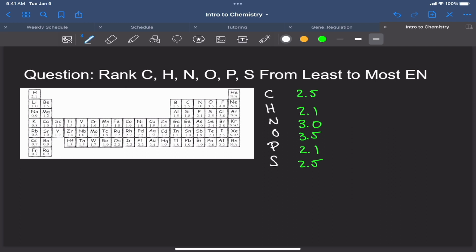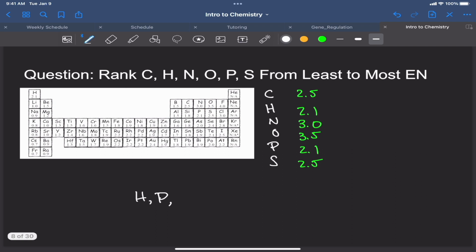Okay, so we need to rank it from least to most, so we need to find the least one. Well, it looks like hydrogen and phosphorus are tied for least electronegative. Because hydrogen is the furthest to the left, I'm going to go ahead and say that one's first, although honestly, they're basically the same. So then we say phosphorus. Now we need to look at the next one. Well, it looks like it's between carbon and sulfur.